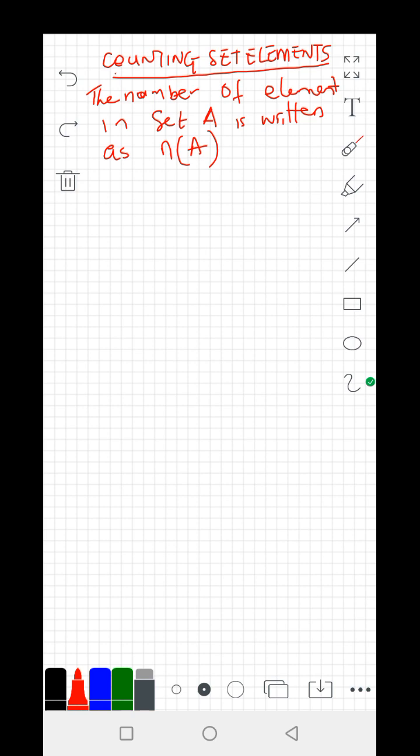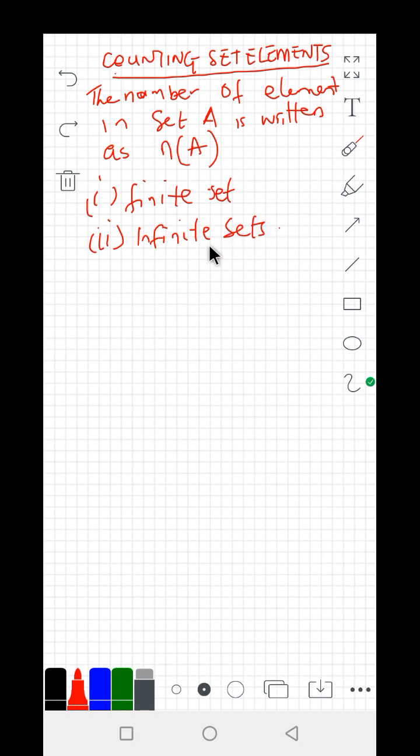A set in which you can actually count all the number of elements in it is called a finite set. But the one you cannot count the number of elements in is called an infinite set.